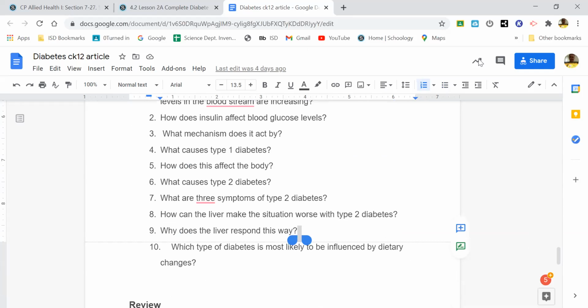Tingling in the feet? In the feet, yeah. Because the circulation in their toes and feet is not good because they have too much glucose in their bloodstream. So they're having poor circulation. That's another symptom, poor circulation.